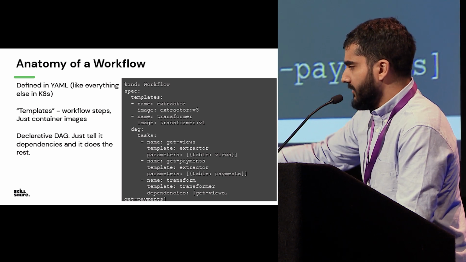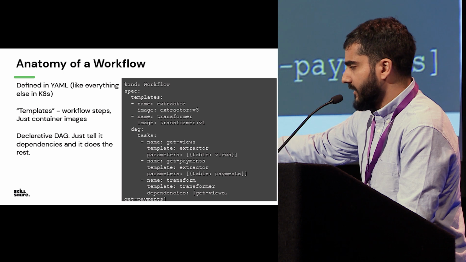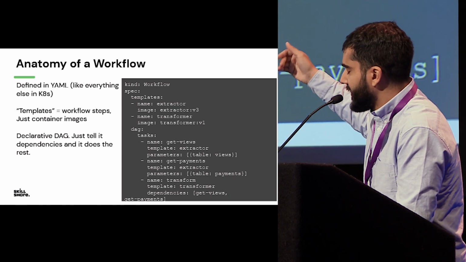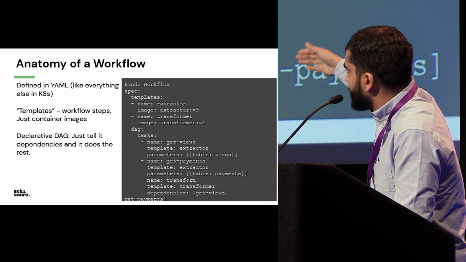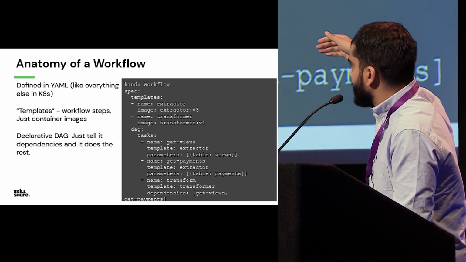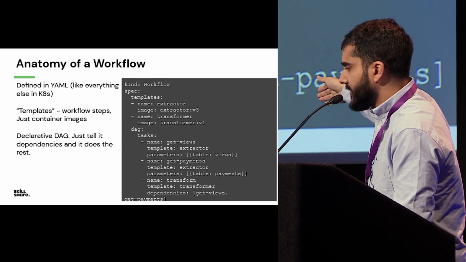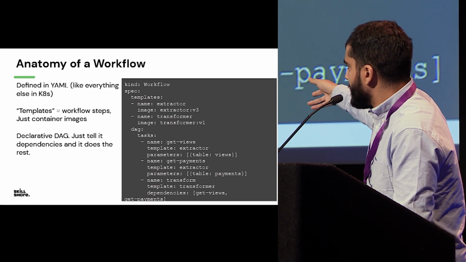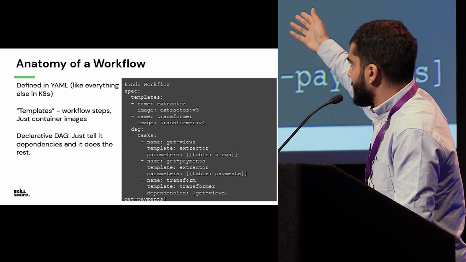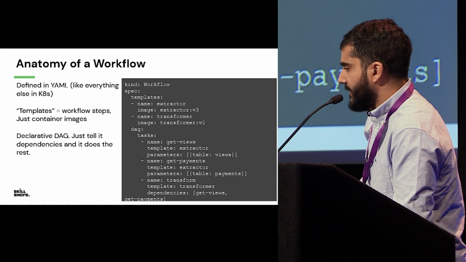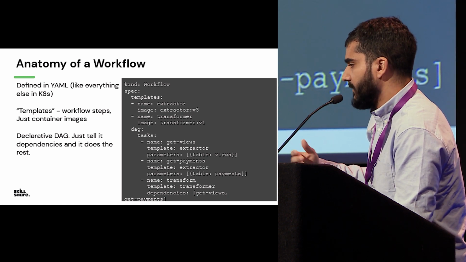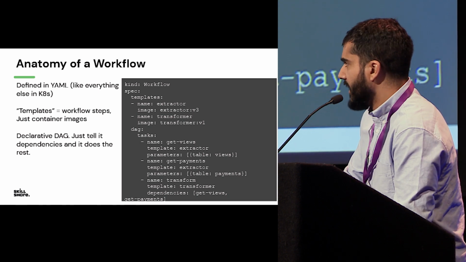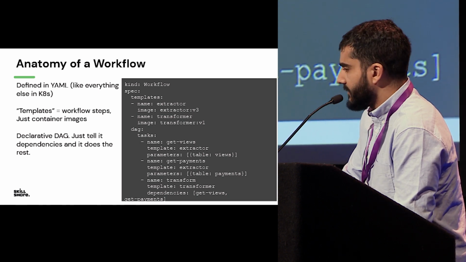The workflow steps are just container images, and you can declaratively define a DAG. In this case, we have two extractions and then a transformation, and we just define the dependency: the transformation is dependent on the extraction steps, and when you execute it, it'll run the extraction steps first and then run the transformation, which is pretty nifty.